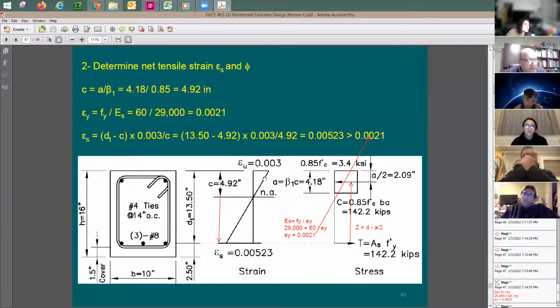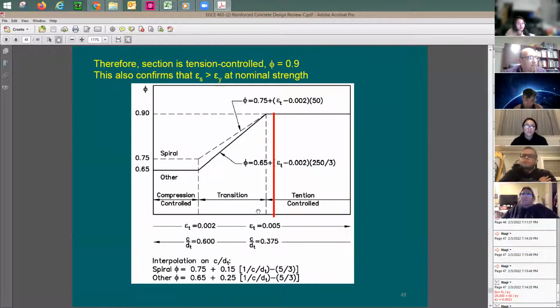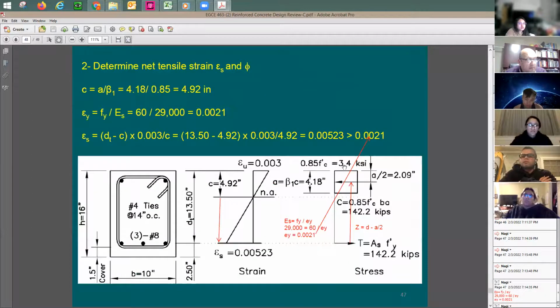You mean the same rate, the slope of this line? Yes, we use one profile for both concrete and steel. So just to confirm, you're talking about this strain profile diagram, right? Yes, this one here.